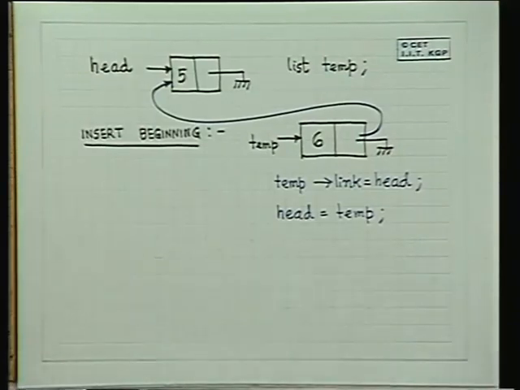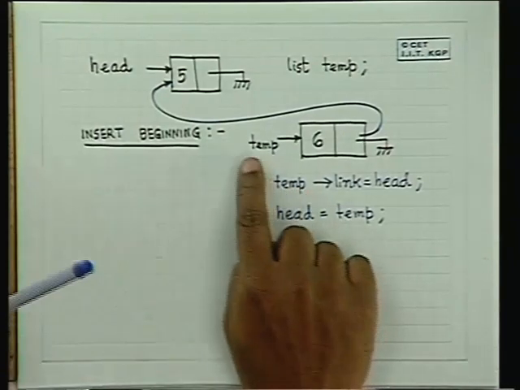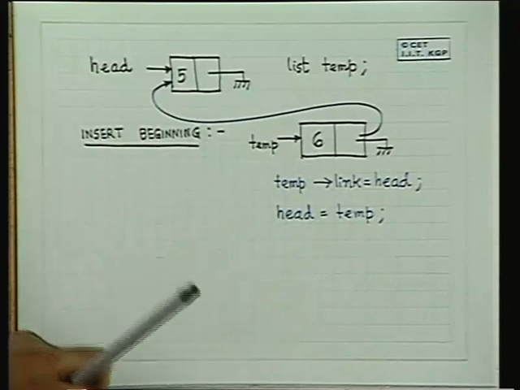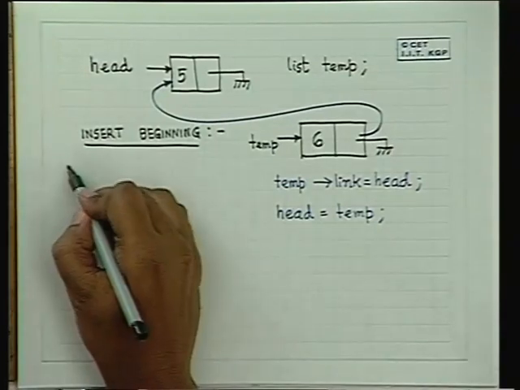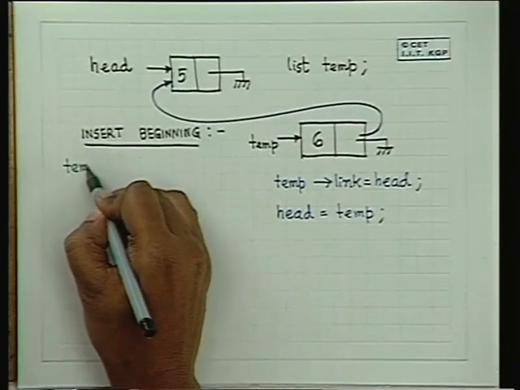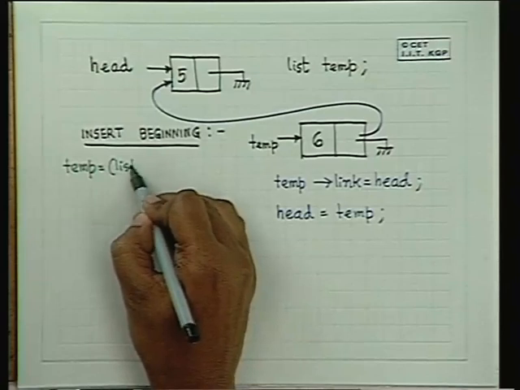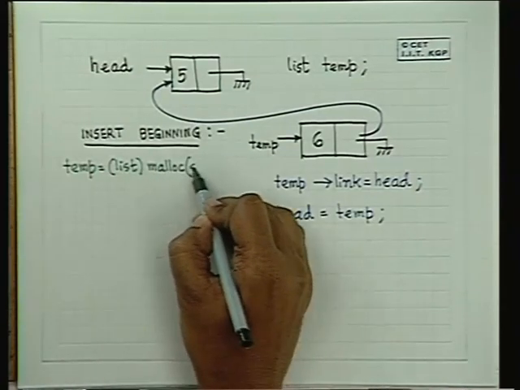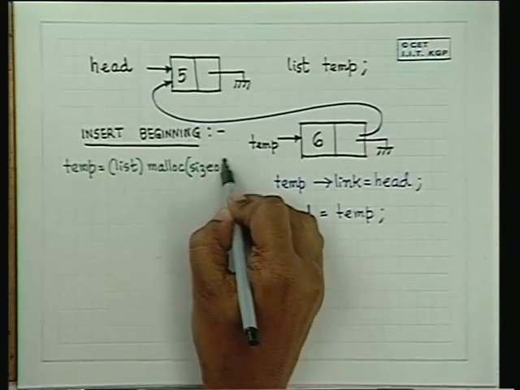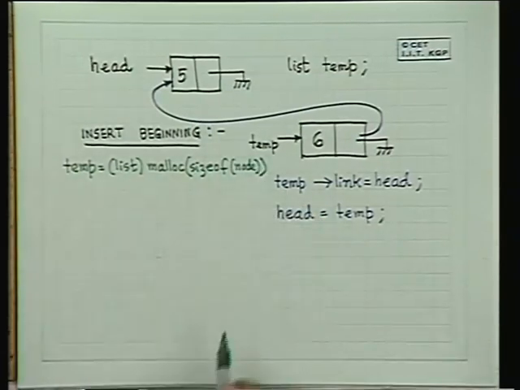If we want to insert in the end, the common call before this is temp is equal to list malloc size of node.